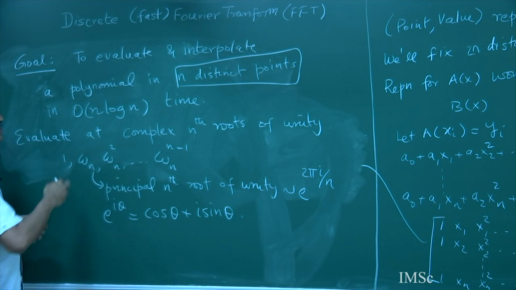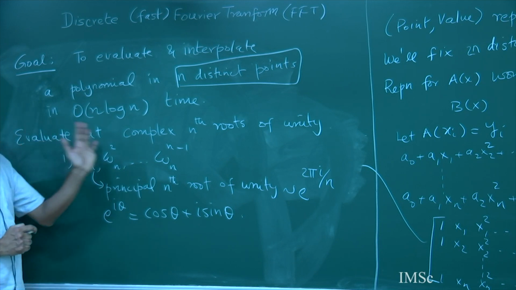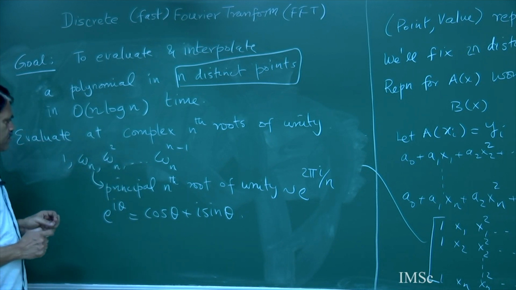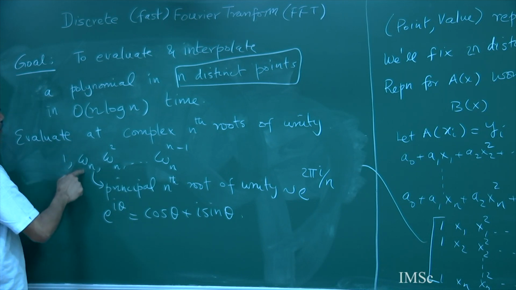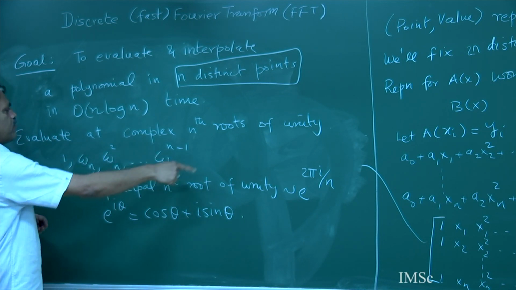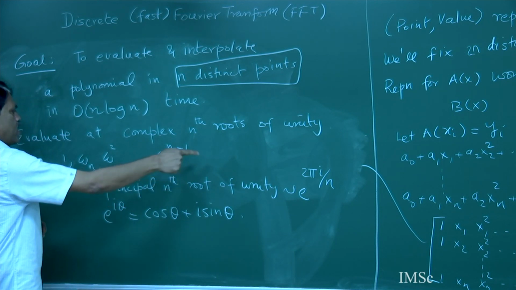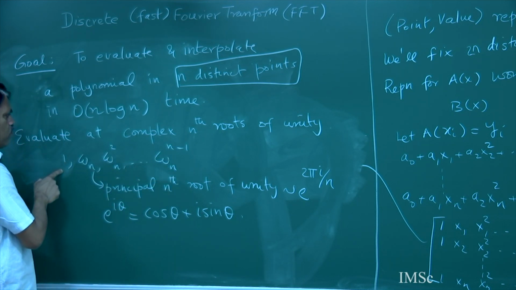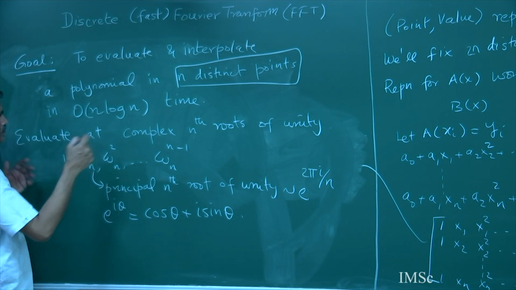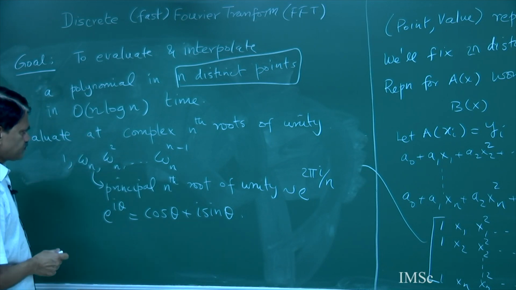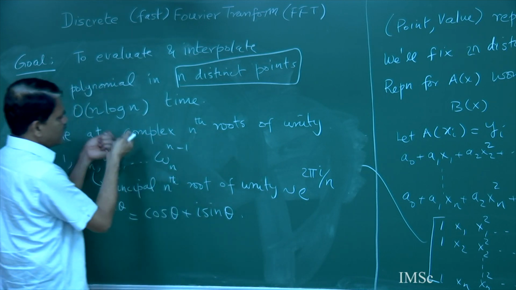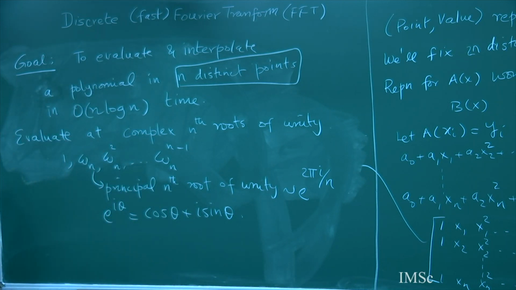If you take the exponents, they form a group under addition modulo n, because it's omega n power 0, omega n power 1, 2 up to n minus 1, and if you multiply again, omega n power n will become 1. So the product of omega n power i and omega n power j is omega n power (i plus j) mod n. So they form a group.